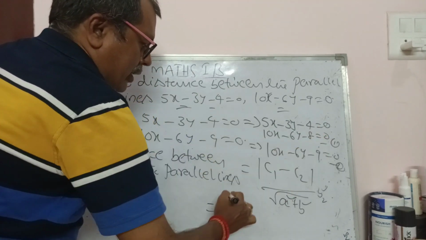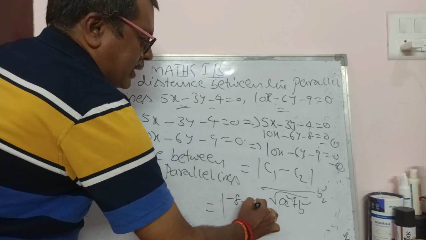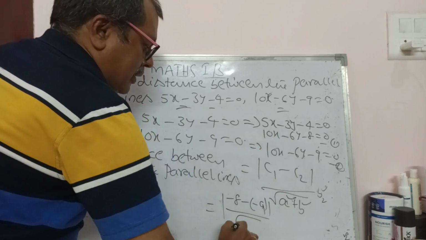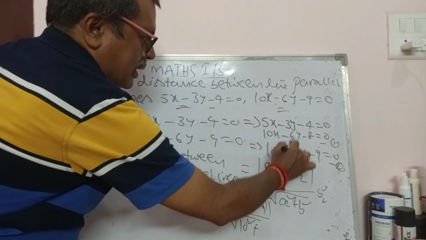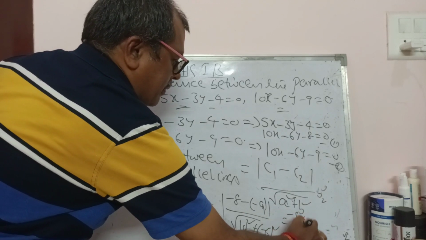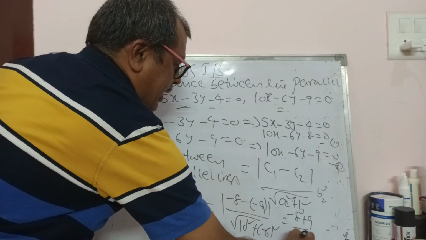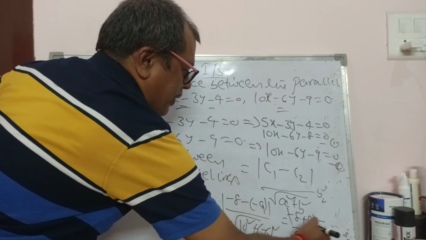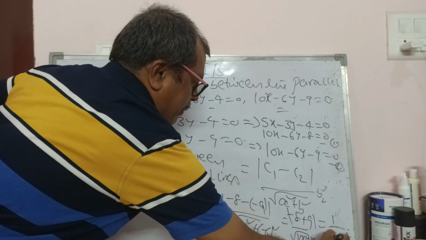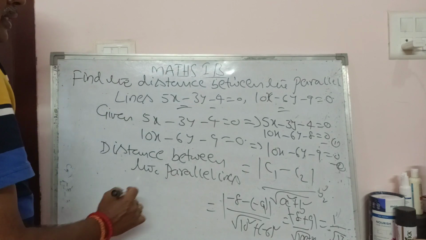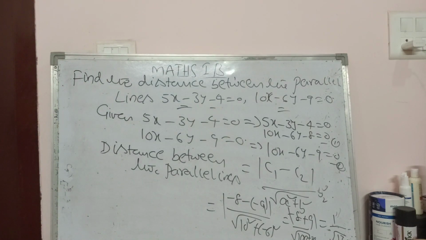That is modulus of minus 8 minus of minus 9 by root of 10 square plus minus 6 square, which is minus 8 plus 9 by root of 100 plus 36, that is equal to modulus of 1 by root 136. So the distance between these two parallel lines is 1 by root 136.